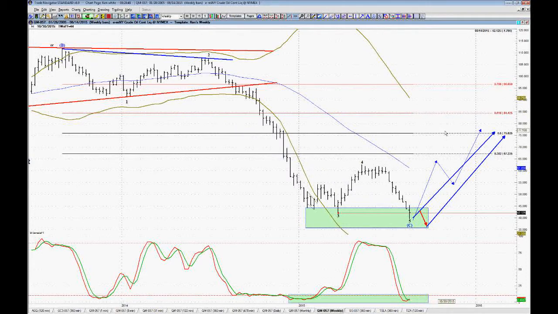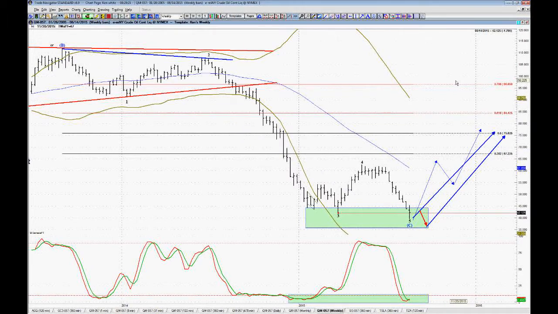So a common way to state this would be we would now expect a three-wave rally somewhere into the 75 plus or minus 7 zone. 75 plus or minus 7 or 8 points. That zone encompasses the Fibonacci 38%, 50%, and 62% levels.